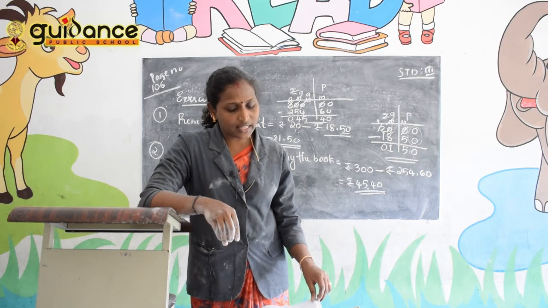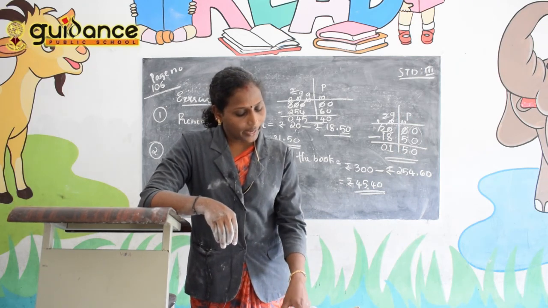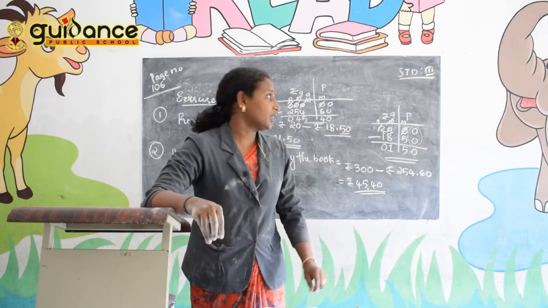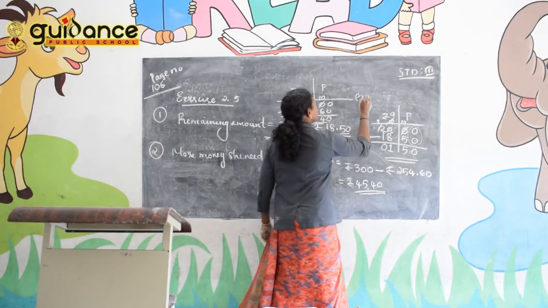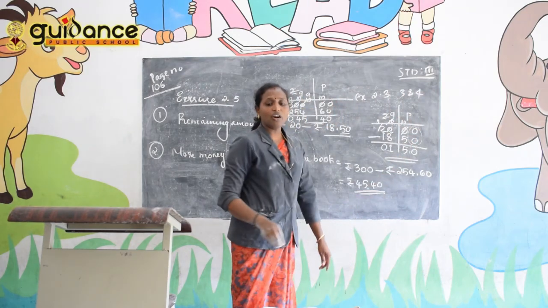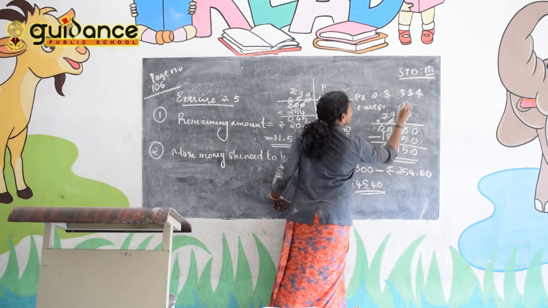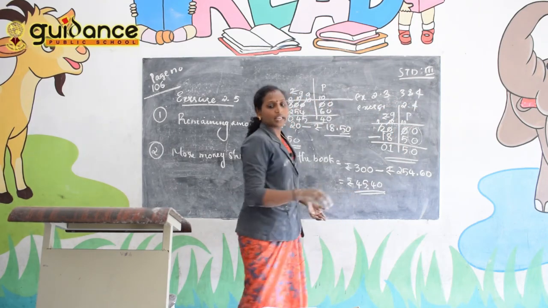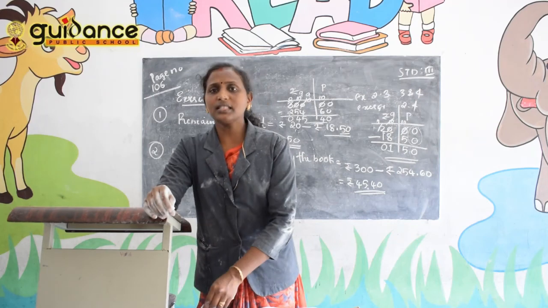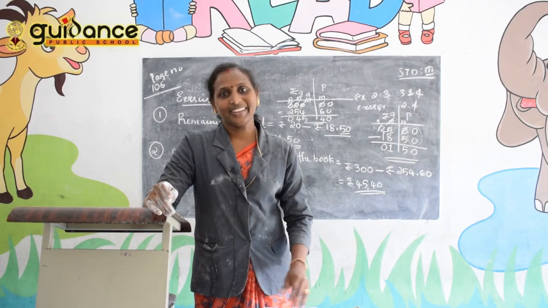That is today's portion and you have homework. Exercise 2.3, questions 3 and 4 is your homework, and all of you do exercise 2.4, that is the subtraction of money. That is today's portion. All of you clear this portion? Thank you.